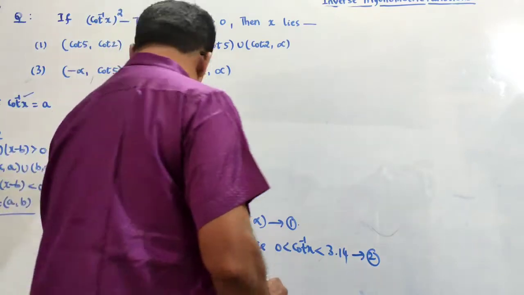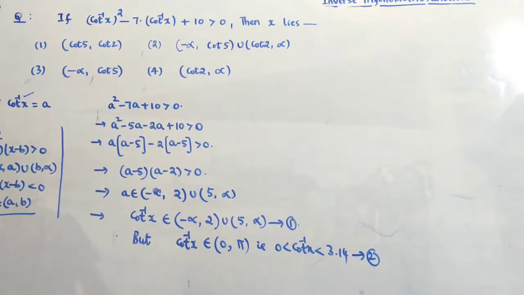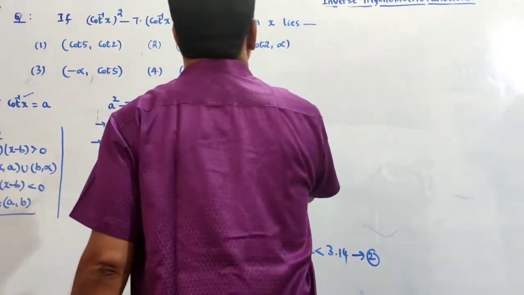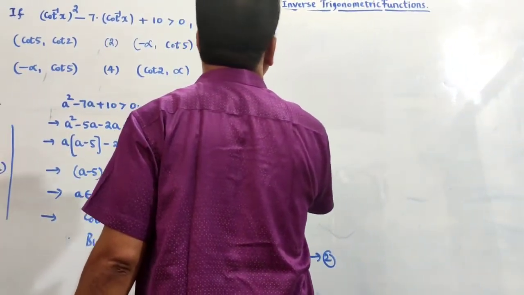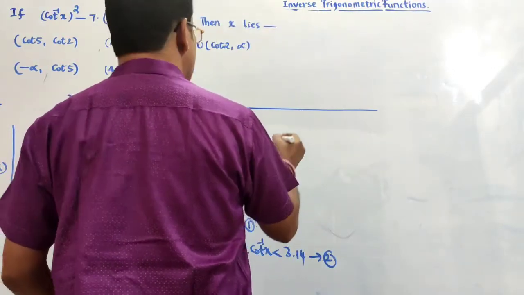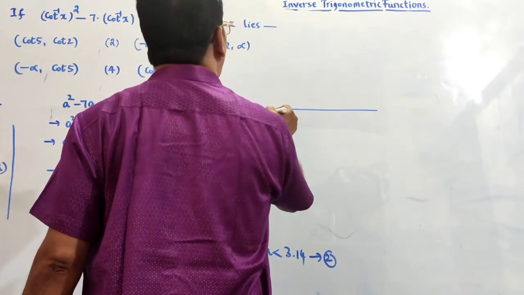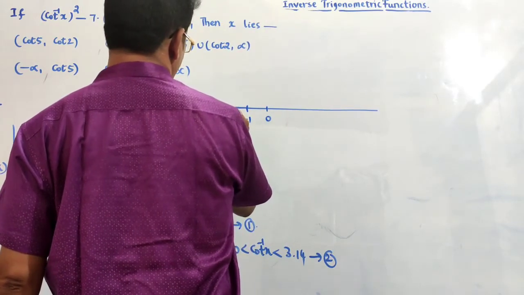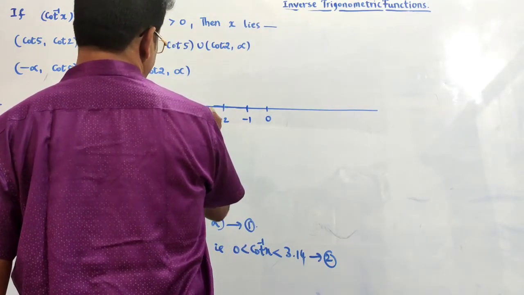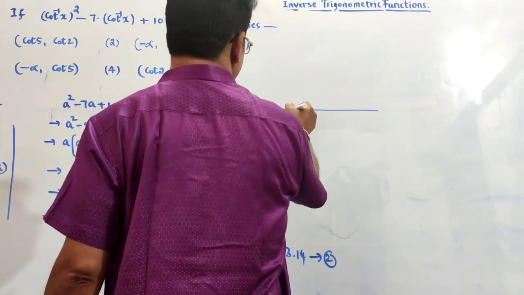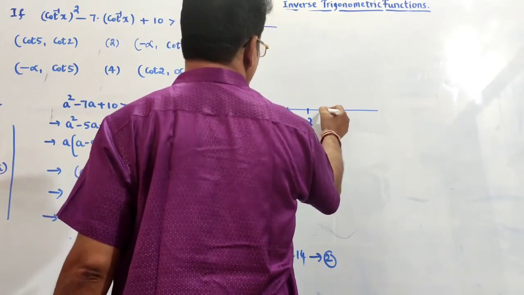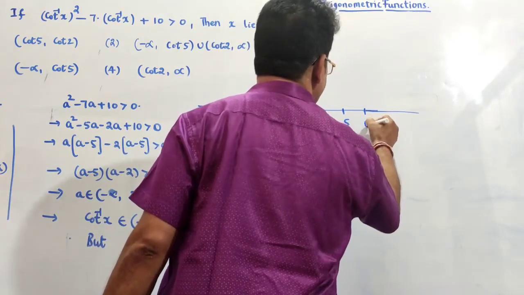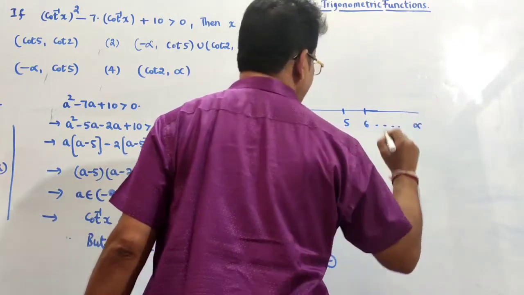Now we have to find the common or combined solution for 1 and 2. First, let us draw the real line. This is 0, then minus 1, minus 2, and so on up to minus infinity. Next, it is 1, 2, and so on. This is 5, 6, just like that up to plus infinity.